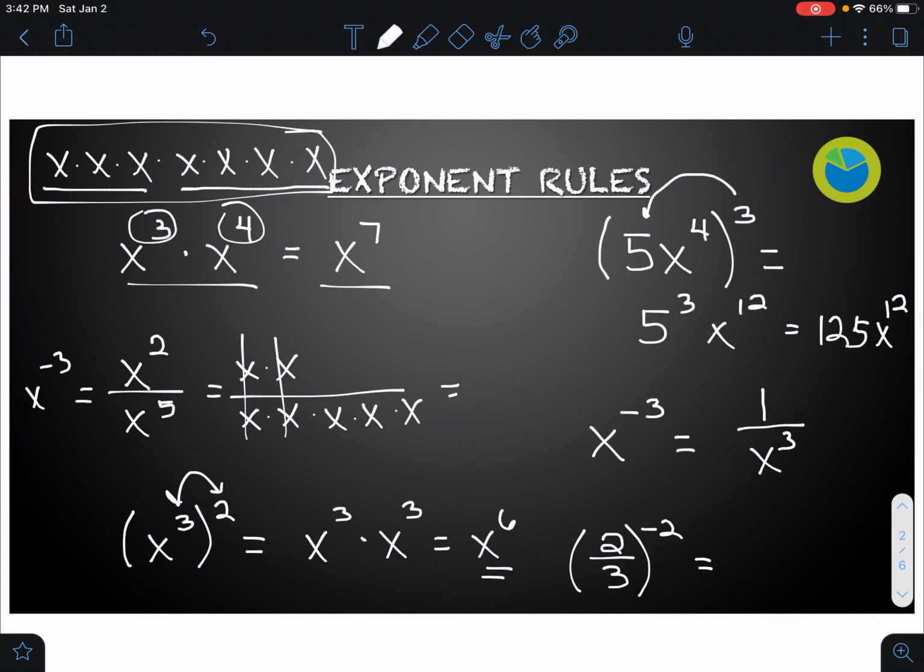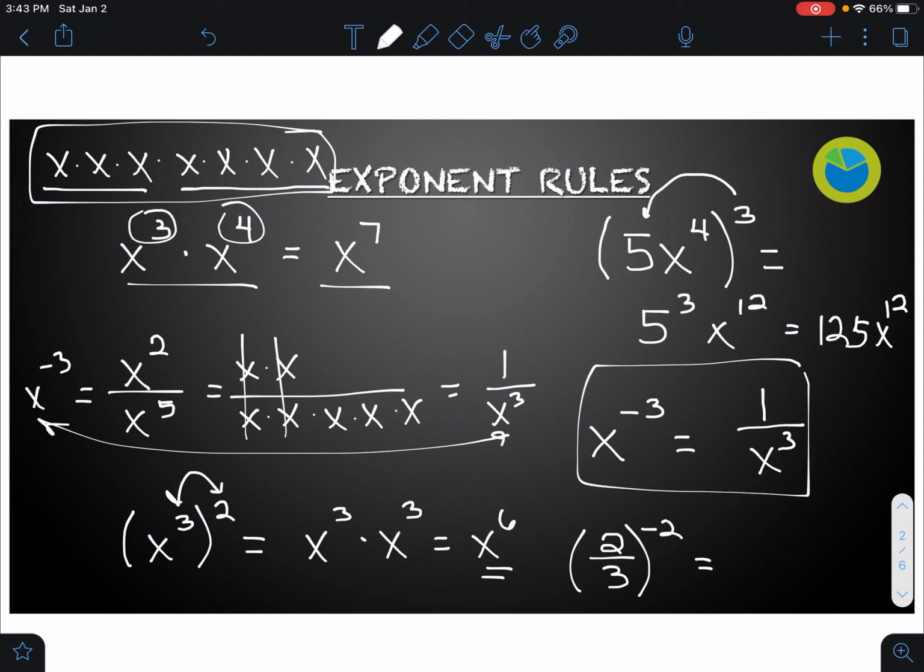Well, what am I left with? I don't have anything on the top, so x divided by x is 1. And on the bottom, I have x to the third. Notice these are the same. And that's why the shortcut is to just take this x to the negative third, move it to the bottom, put a placeholder on the top, and now it becomes positive.